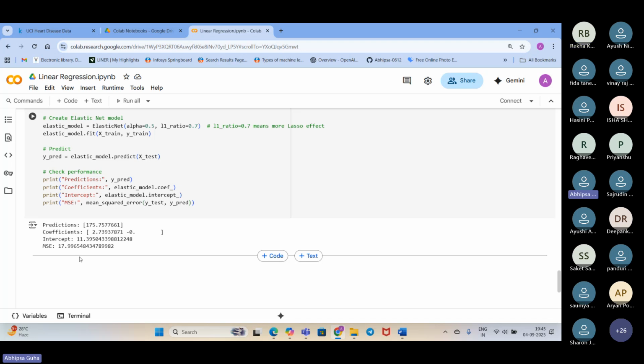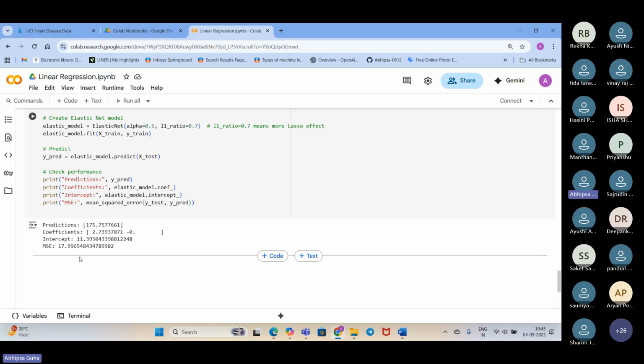So what are we actually doing in case of Elastic Net? Elastic Net is actually linear regression plus L1 plus L2 penalties, right? We are combining Ridge regression along with Lasso regression. It handles correlated features, just like it does in case of Ridge and Lasso.